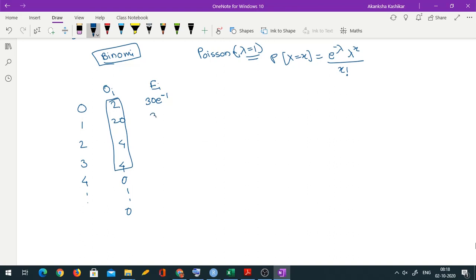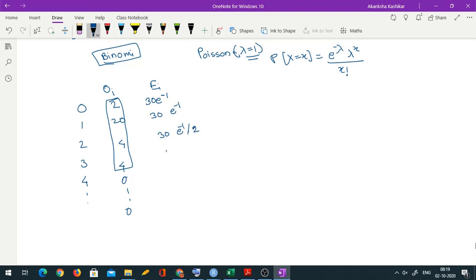Okay. Then for 1 it would be 30 e raised to minus 1 into 1 raised to 1. Lambda is 1, so 1 raised to 1 is fine. And for 2 it becomes 30 into e raised to minus 1, 1 square upon 2 factorial, so upon 2.